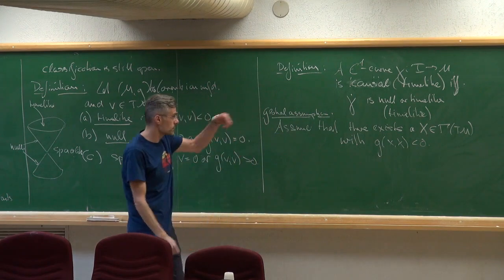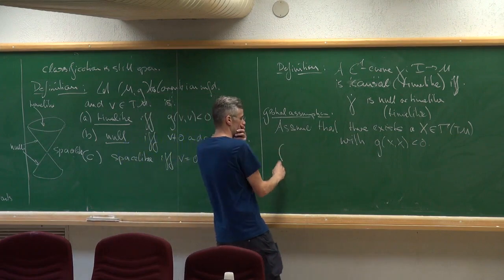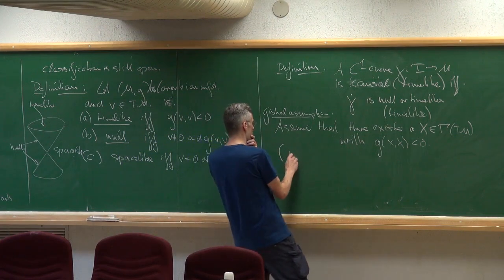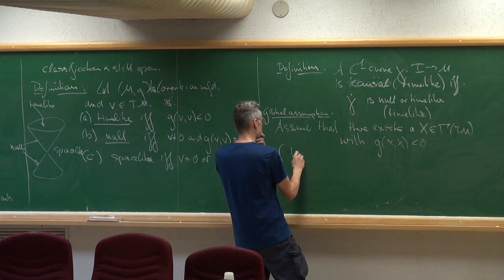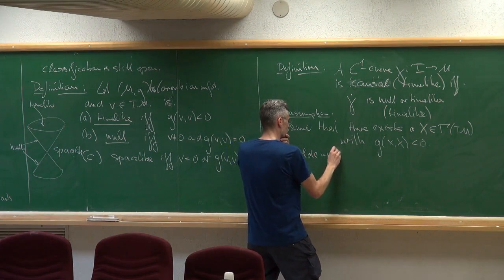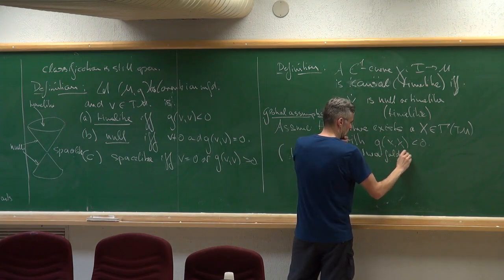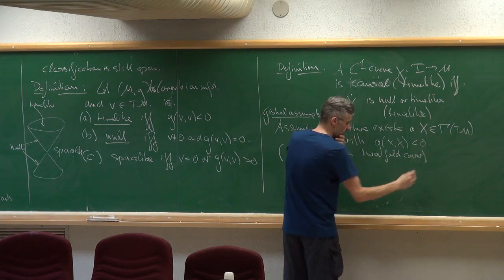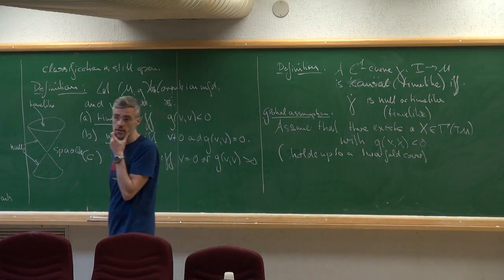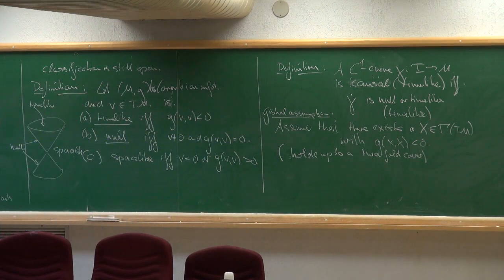For the following, this is actually not so restrictive because it holds up to a twofold cover. It's the same phenomenon as when you ask about orientability. A manifold is orientable up to a twofold cover.